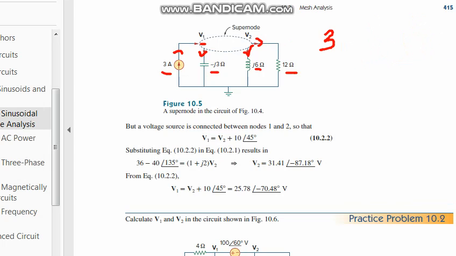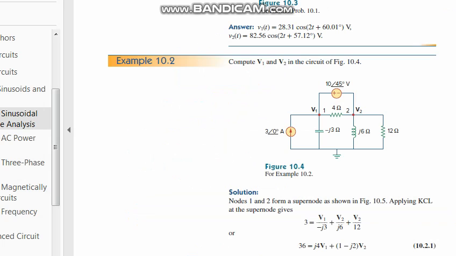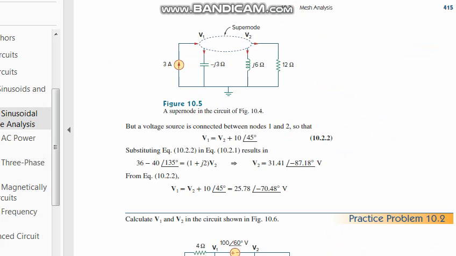Now get back to the supernode analysis. After calculating it, you get this equation. Previously we had V1 minus V2 equals 10 at 45 degrees, and now V1 equals V2 plus this.